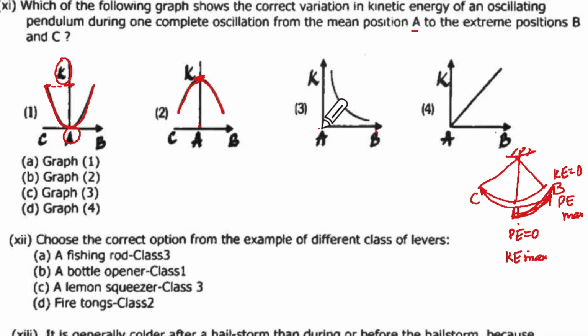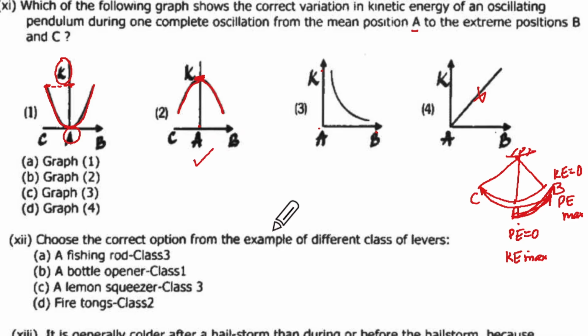At A, kinetic energy is maximum, and it is decreasing and coming to B, and here it is increasing. So it is not this, but over here, it is not showing you the displacement in the other direction.